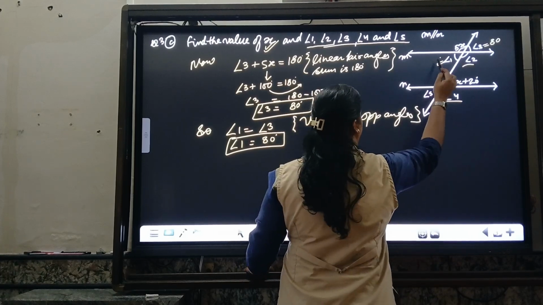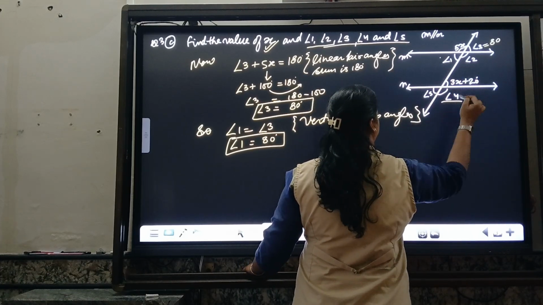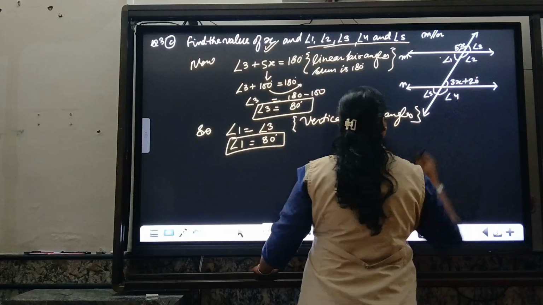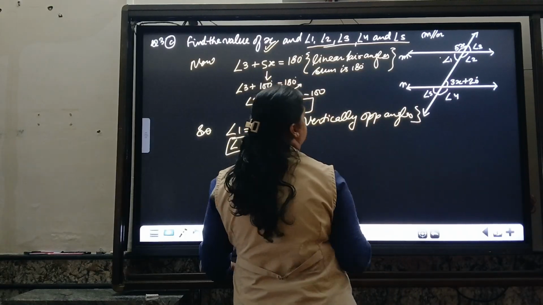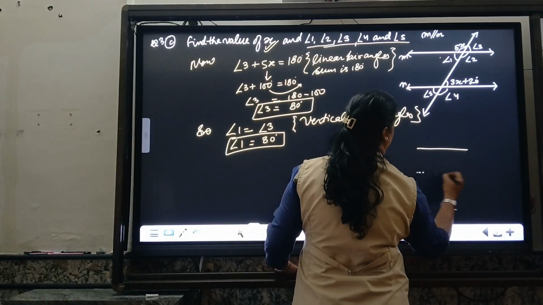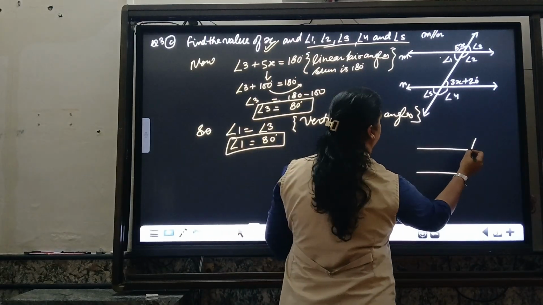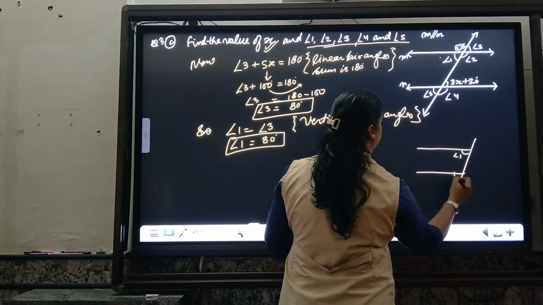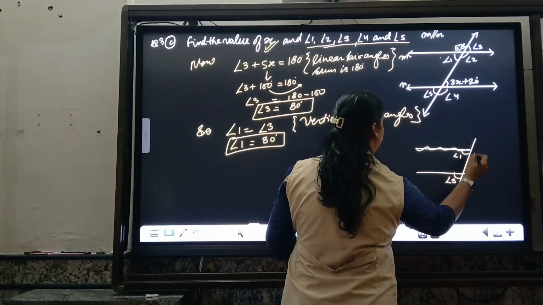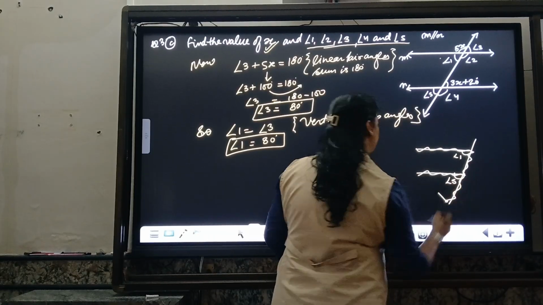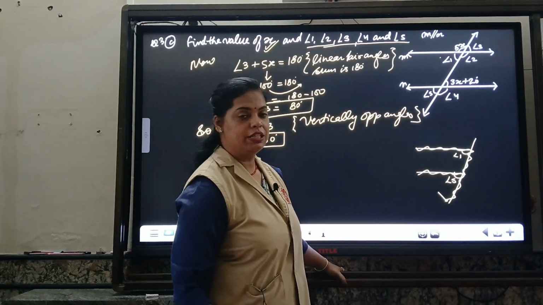How I am showing you. See, there are two parallel lines cut by a transversal line, angle 1 and angle 5. They are forming alphabet F. So these angles are known as corresponding angles.